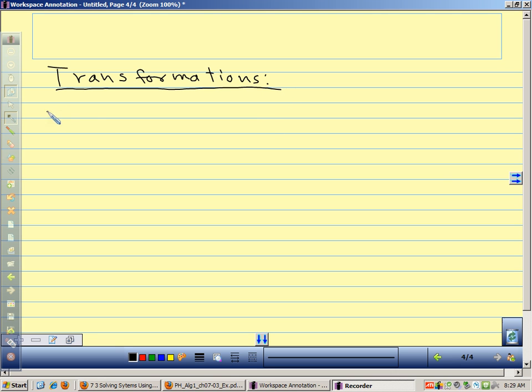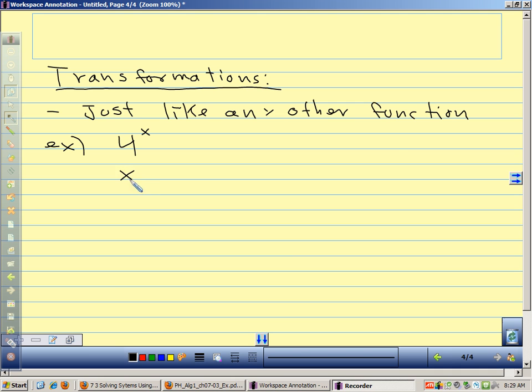Exponential functions shift just like any other function. So if our parent function were 4 to the x, 4 to the x plus 2 is going to shift 2 units left.